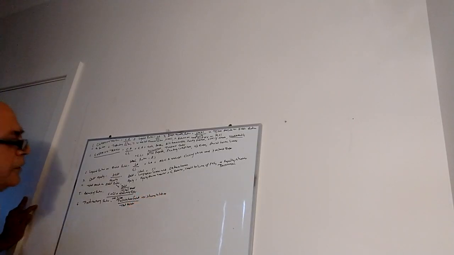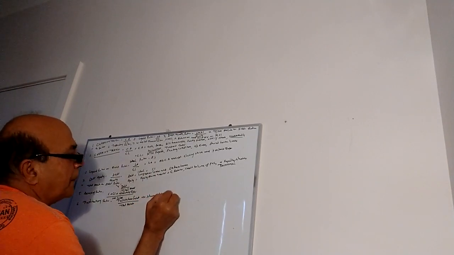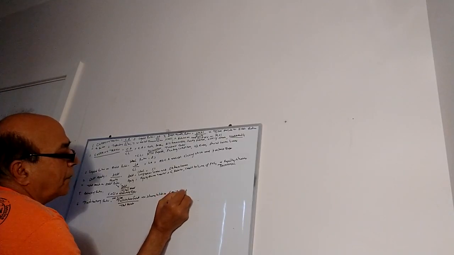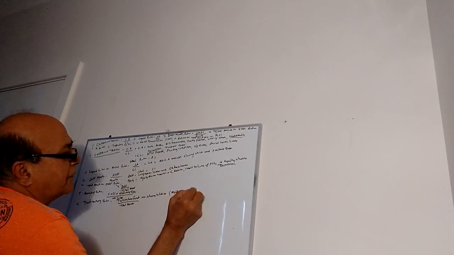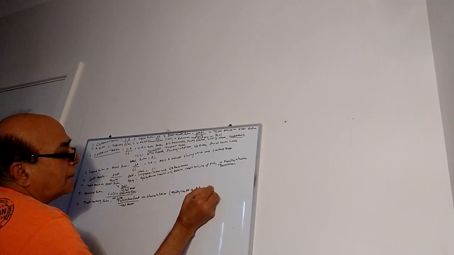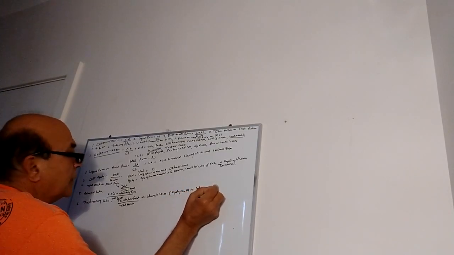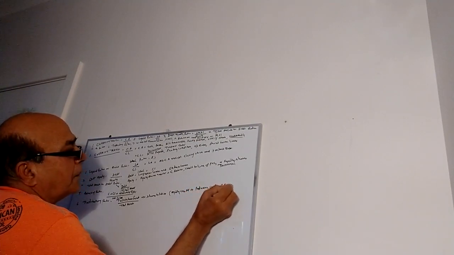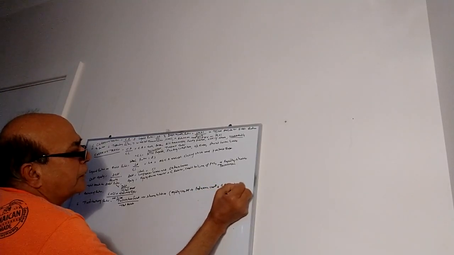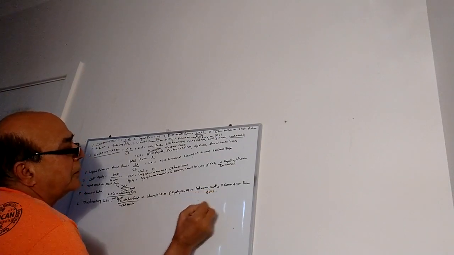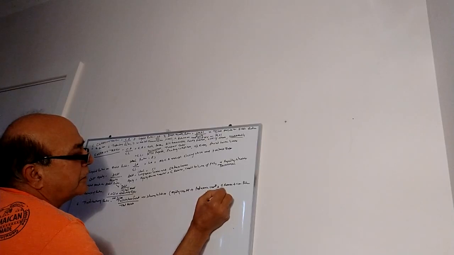Here we include equity capital, plus preference capital, plus credit balance general reserve, plus credit balance of P&L, less fictitious assets.